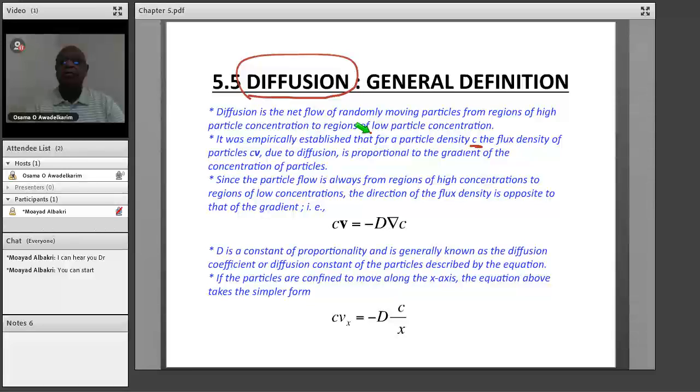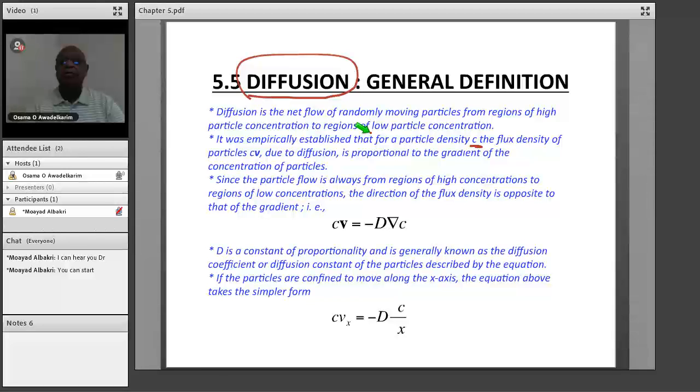So if we think of a particle density C, that is concentration of particles per unit volume, the flux density of particles, that's if this concentration per unit volume moves with a velocity v, then it creates a flux. And the flux is actually the number of particles going through a unit area. And the unit area part comes from unit volume.